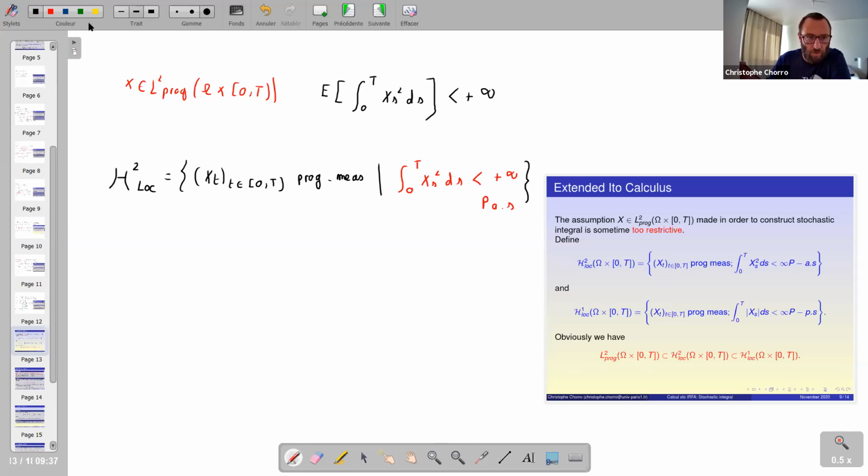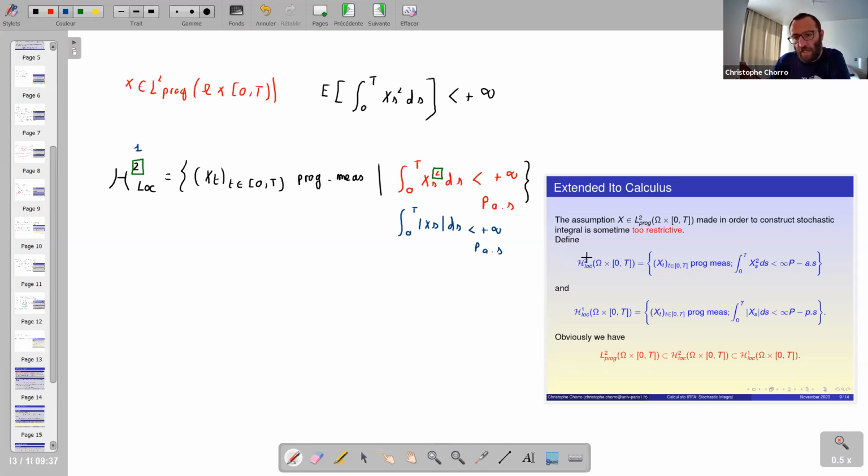The 2 in the H2 notation means that I have a square here. I can also define H1 loc, and instead of having the integral of the square, I have just the integral of the absolute value, which is finite P almost surely.